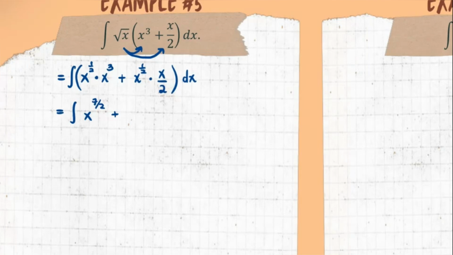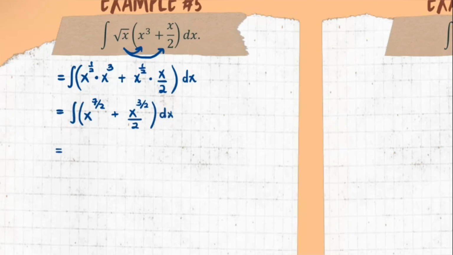Constant ni bawa dia ke bawah je lah. So x to the power of 3 over 2 over 2 plus pula dx. Okay. Next barulah kita start integrate. Okay, bila dah start integrate, simbol integration dengan dx ni dah hilang.